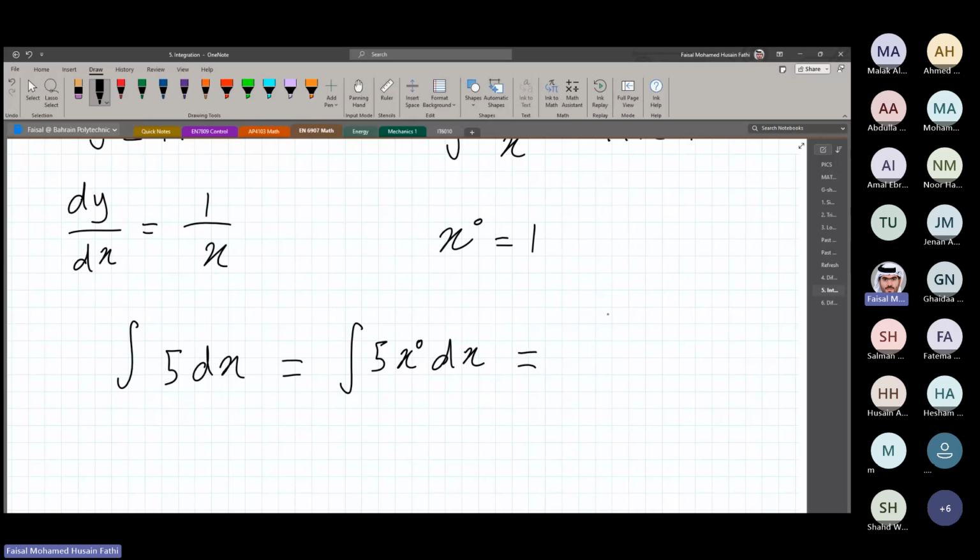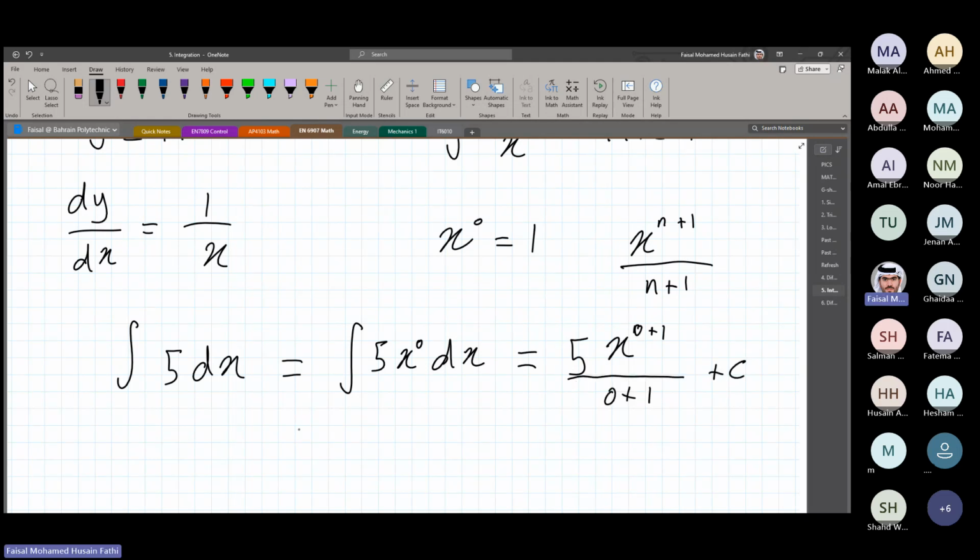In integration, remember the general rule. We are going to add 1 to the power, and then divide by the new power. In this case the n value is 0. So it is going to be 5x to the power of 0 plus 1, divided by 0 plus 1, plus c.